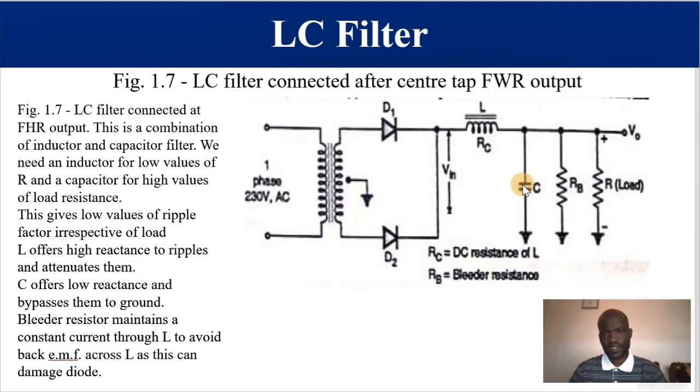From XC is equal to 1 over 2 pi FC, it means that at high frequencies this is going to be a path for AC components that have escaped from the inductor, and they are going to be shunted. In other words, this is a ground, as you can see. So if we ground AC components using this C, they will not go to the load. So we would have filtered AC components using both the inductor and the capacitor.